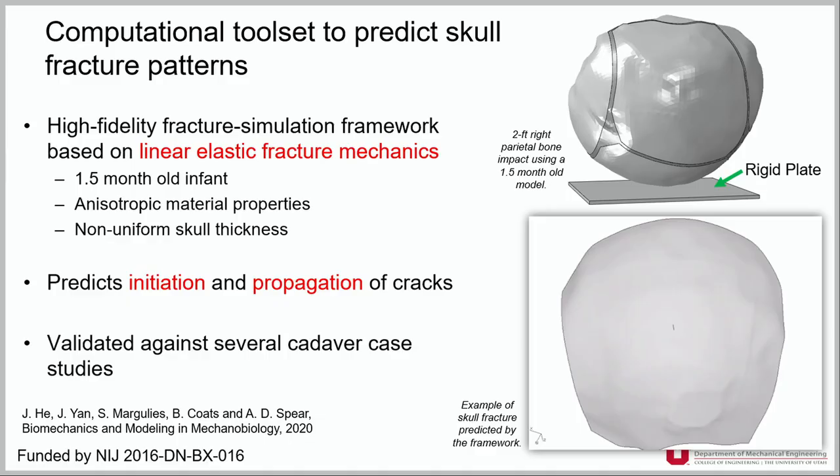So we took that knowledge and we implemented it into an infant head model to predict crack growth from accidental fall scenarios, with the premise of if we know what can occur or probabilities of injuries that can occur in accidental scenarios, that gives us one step closer to either verifying a history or discrediting a history. Our previous model was based on a 1.5-month-old infant.